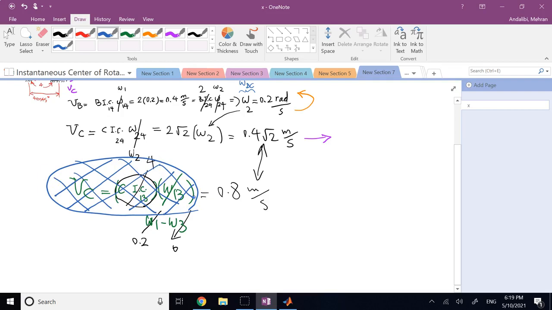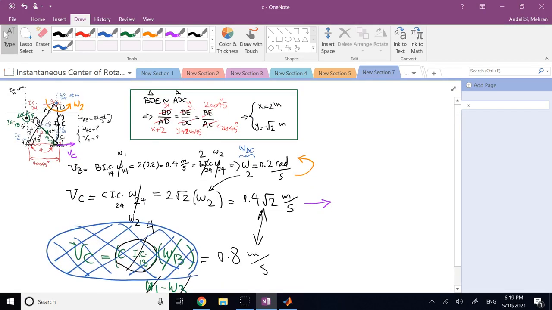When you use an instantaneous center and you find the distance from a point on the rigid body to this instantaneous center and multiply it by omega of that rigid body to find velocity of the point, where you define omega of that rigid body, it has to be with respect to an inertial frame or a stationary object.